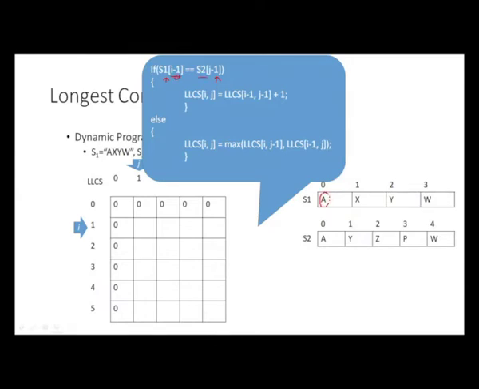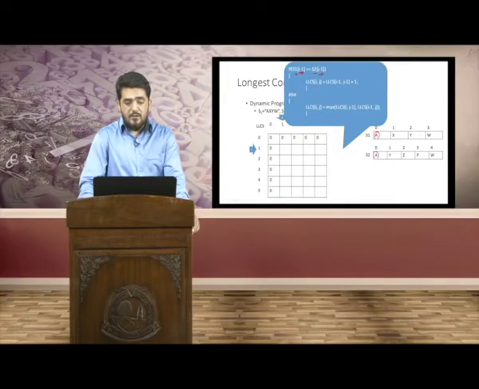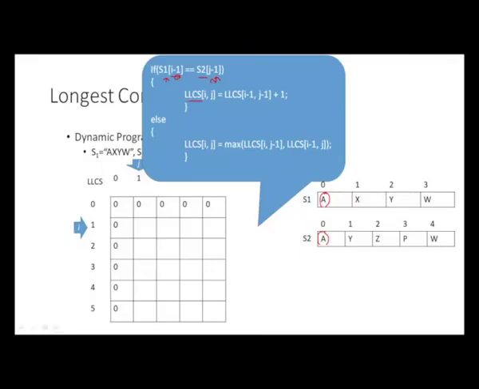S1 of 0 is A, and j also is 1, so j minus 1 would be 0, and S2 of 0 is also A. Now, in case S1 of 0 is equal to S2 of 0, then the length of the longest common subsequence at i comma j is equal to the length of the longest common subsequence at i minus 1 and j minus 1, plus 1 character, because since 1 character matched, we will add 1 to whatever we have previously found.